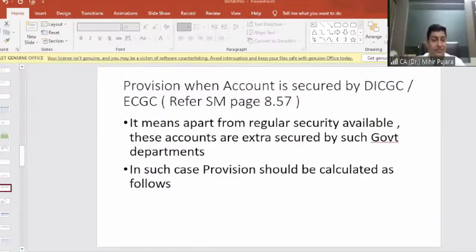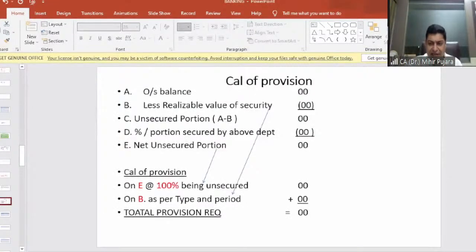Very interesting, just a moment. So this is what I told you, right? And this is how it is calculated.